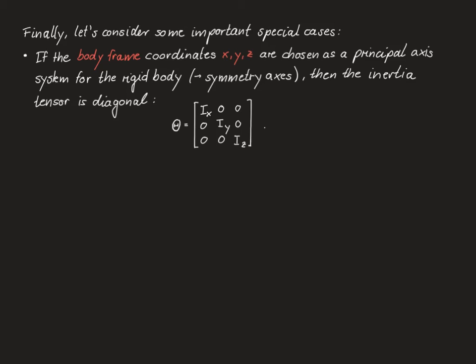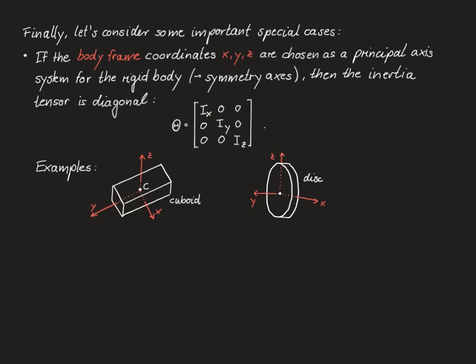In other words, all the deviation moments are zero, and the tensor only consists of the diagonal elements, the moments of inertia Ix, Iy, and Iz. Note that such a principal axis system with three mutually orthogonal coordinate axes exists for every rigid body.